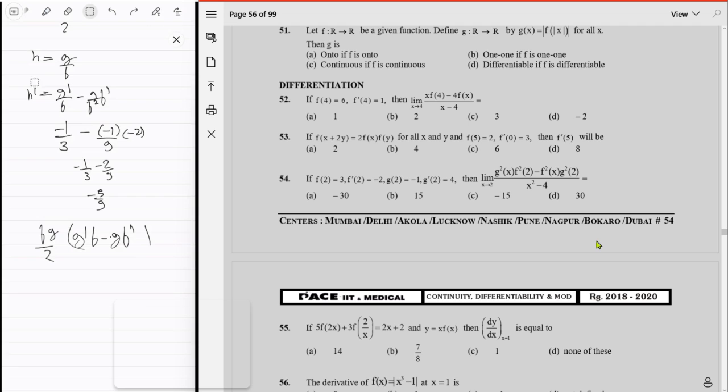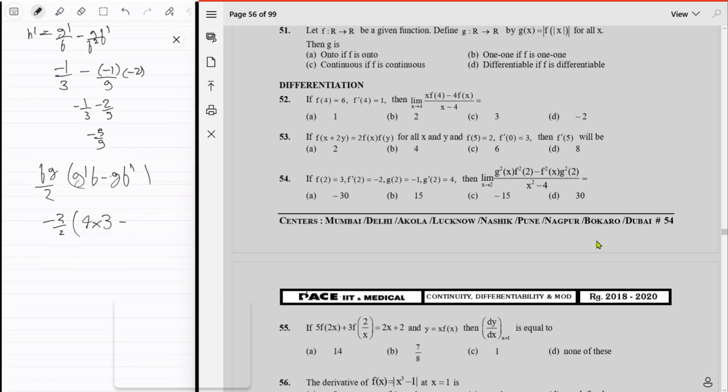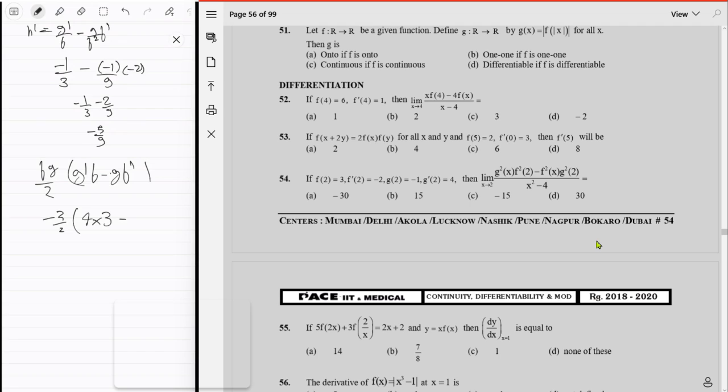Now the fg is 3 and negative 1, so negative 3 upon 2 times g dash is 4 times f is 3 minus g is negative 1, f dash is negative 2, so multiply by 2. There we go. That's our answer, I think.